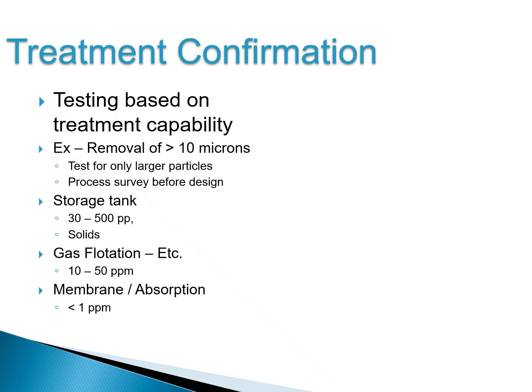And when we get into membranes, places where there's absorption or physical removal of certain particles, those can be designed to have an oil content way less than 1 part per million, with very small particle sizes. So there are a lot of different factors in how water treatment systems perform and are tested.